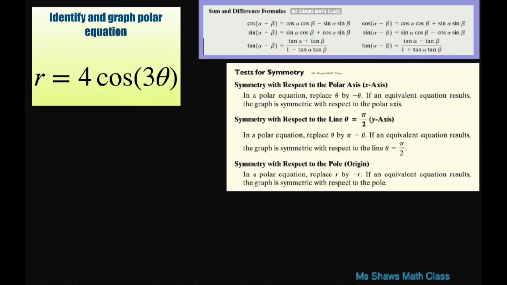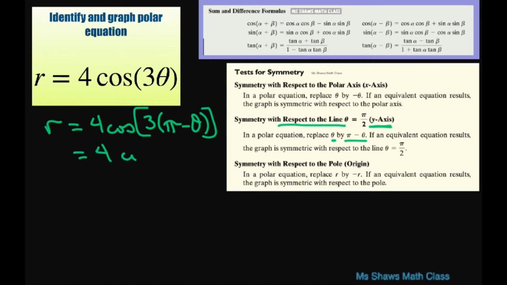The next test is testing with respect to the line theta equals pi divided by 2. So we're going to take our r equals 4 cosine of 3 theta, and we're substituting our theta with pi minus theta. This gives me 4 cosine of 3 pi minus 3 theta.